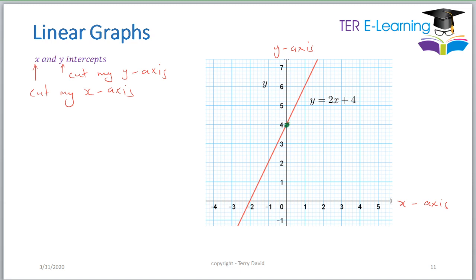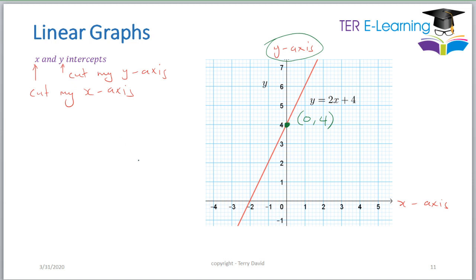This is where I'm cutting my y-axis, because this here is my y-axis. Now, my y-intercept has to be given as a coordinate. So the y-intercept is written as (0, 4), right? So that is what my y-intercept is.